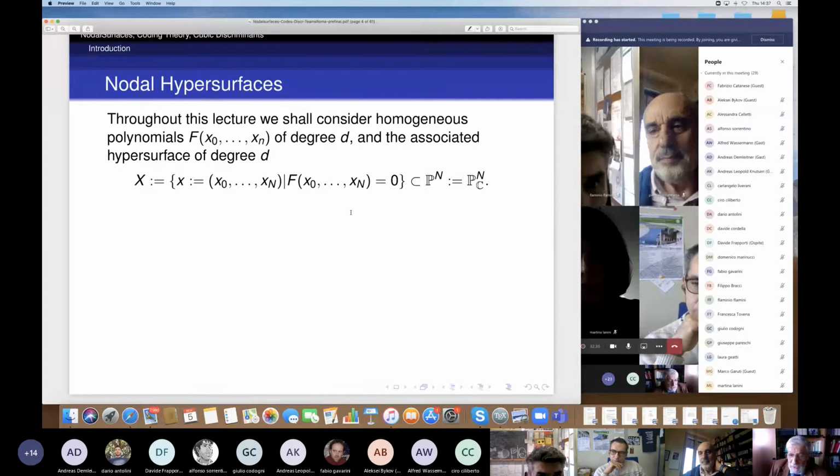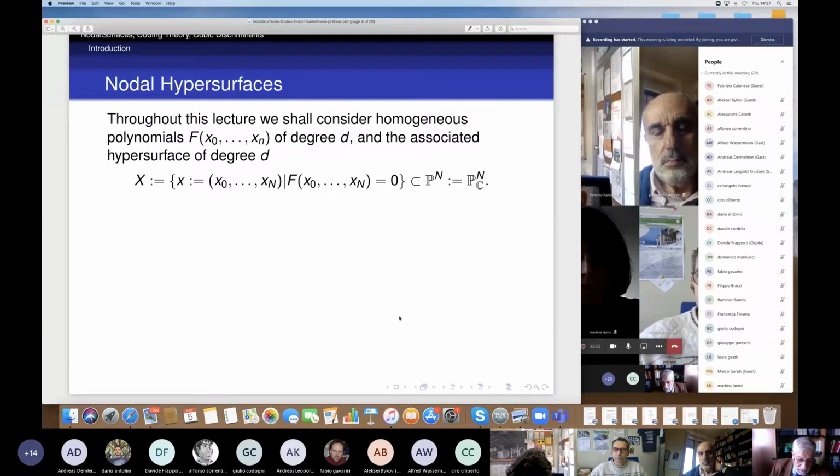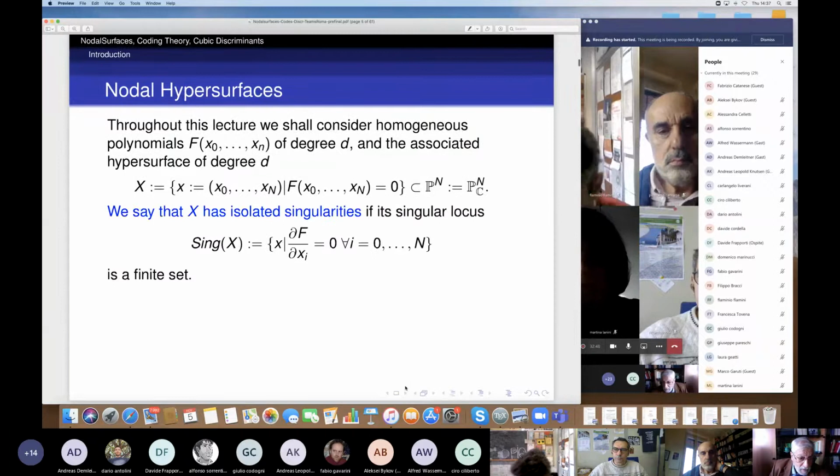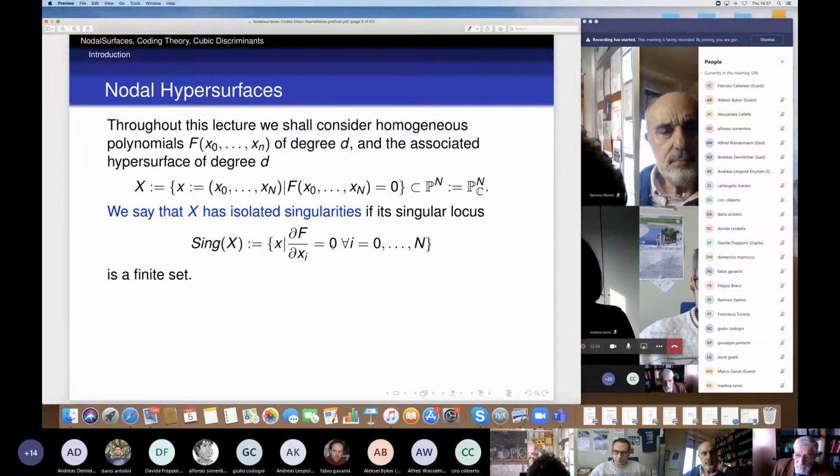The object is quite well-known and familiar, but I will consider complex numbers. Now, we say that the hypersurface has isolated singularities if the locus of points where all partial derivatives vanish is a finite set. So we are in a special case of this situation.